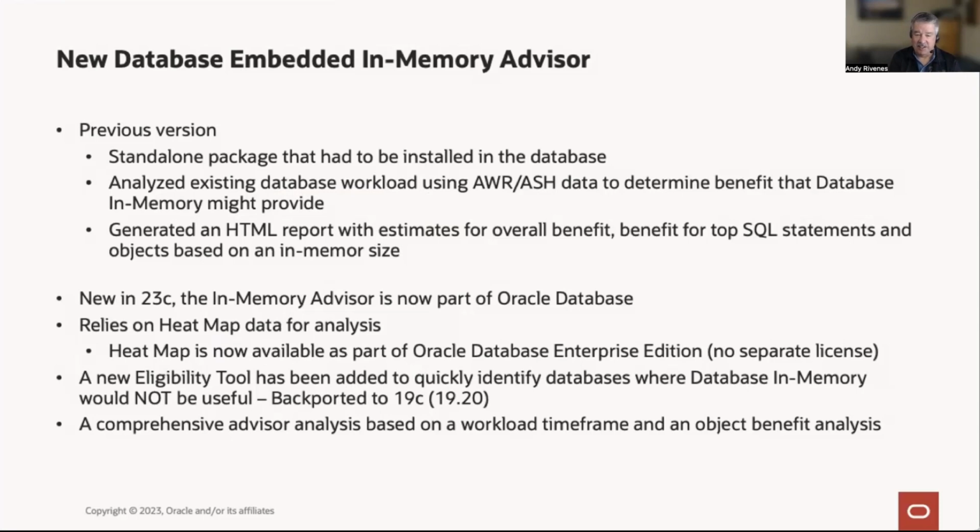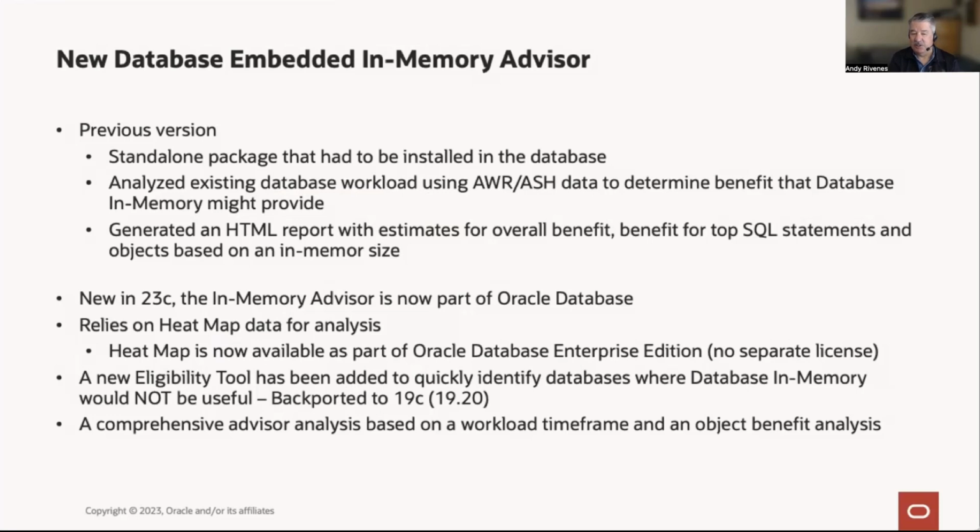So as a best practice, I always tell people just enable it, because there is a lot of information there about what objects are getting accessed and how they're getting accessed, along with the counts, which is really valuable. A long story short, we have two pieces to this now. An eligibility tool, which I've blogged about and has been backported to 19C, if you're not aware of that.